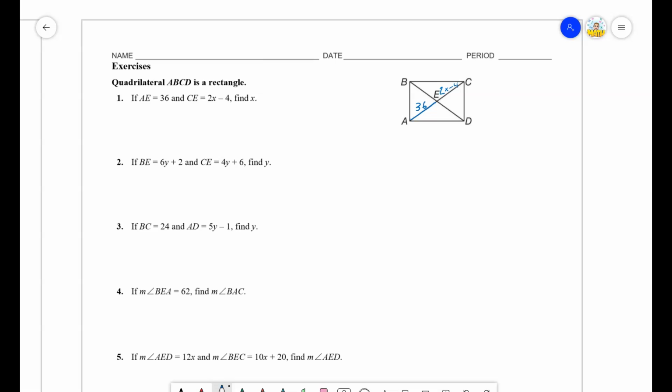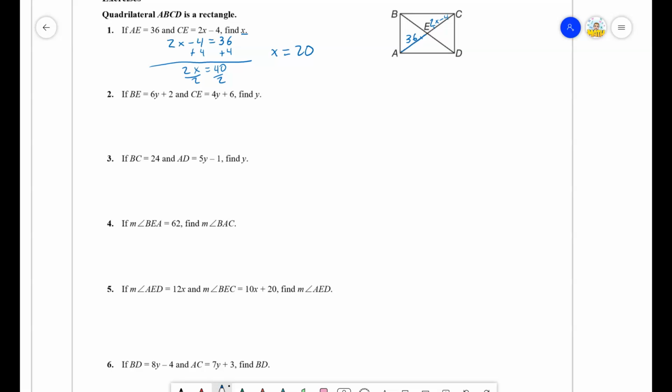I know that the diagonals in a parallelogram bisect each other, so I would know right away that 2x minus 4 is equal to 36. And we just want to solve for x here. So I would add 4 to both sides. And we have 2x then equals 40 and divide by 2. So x is 20.